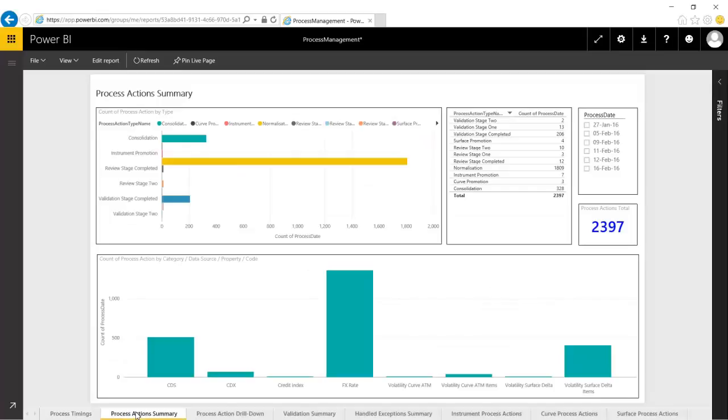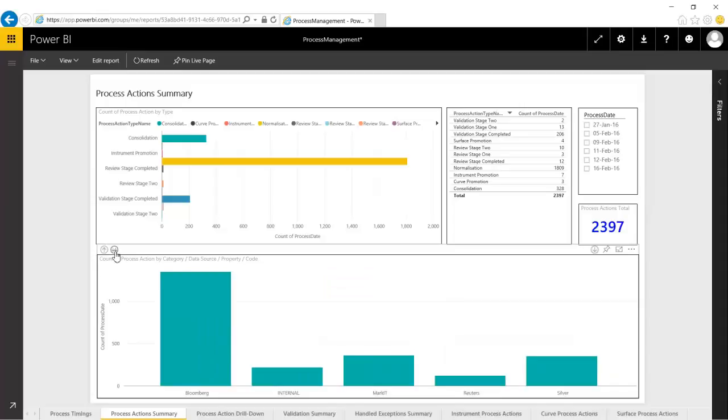The second analysis summary is we can look at the process actions themselves in terms of how long they took. So the top left we have how long each action took, how many data points were involved, obviously the date, but we can also drill down and see data on the type of asset involved in each of those things.